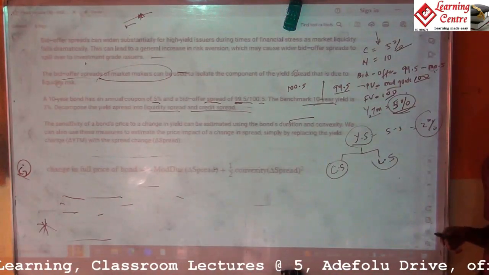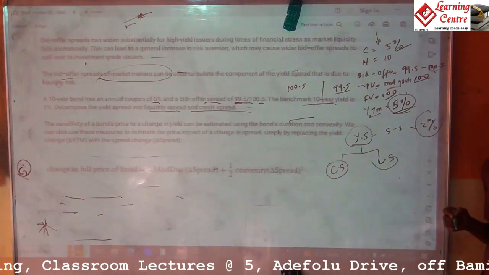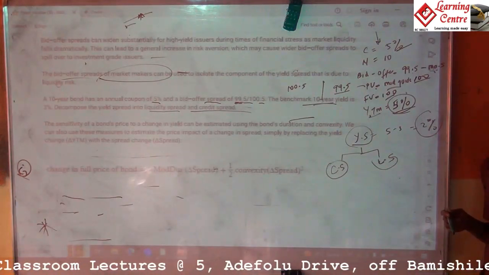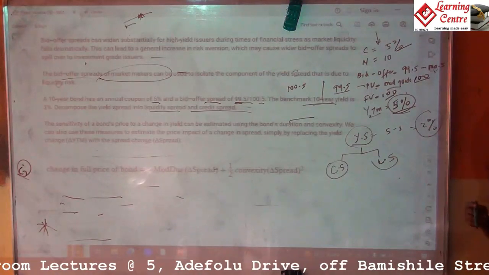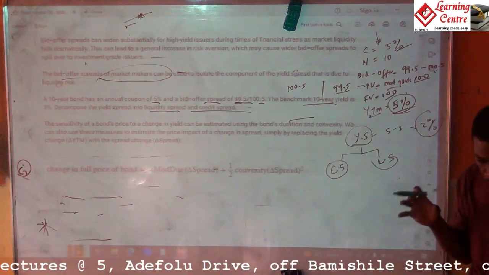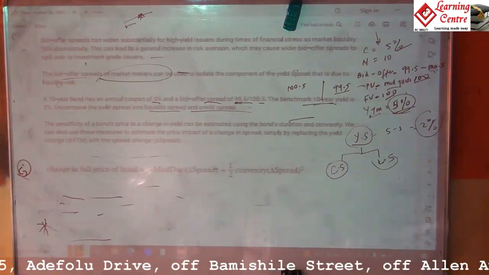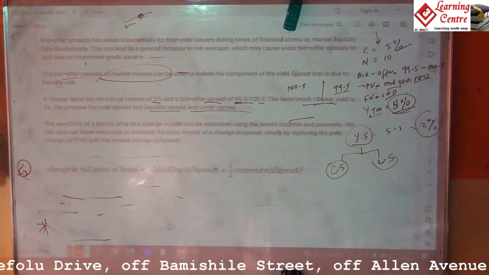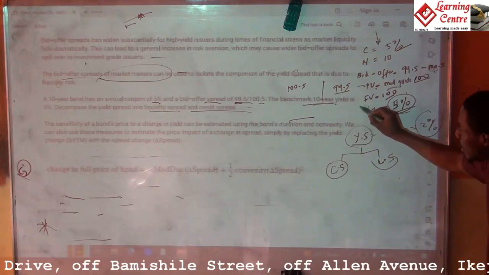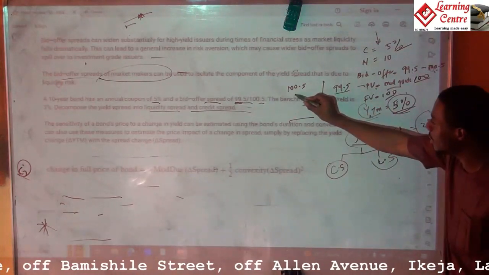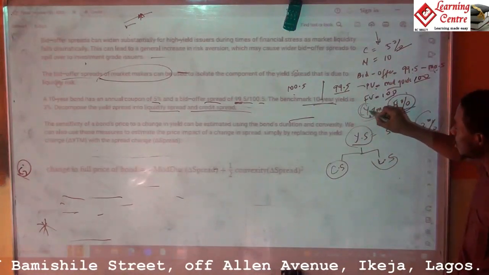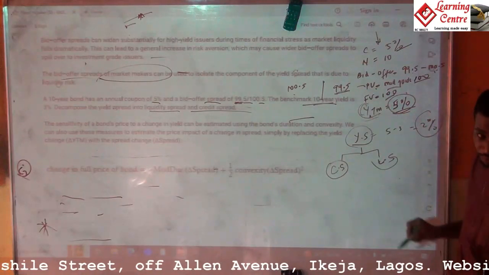If that transaction happens, that becomes your own price of the bond. So calculate the yield when PV is 100.5, and calculate the yield when PV is 99.5.